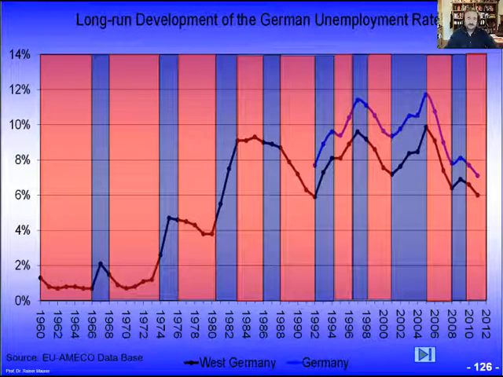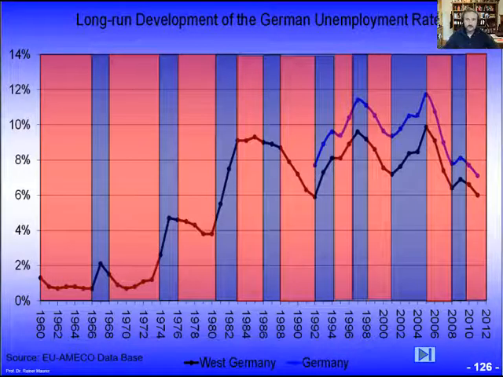Additionally, the level of unemployment is presented by this black line here for West Germany and by the blue line for West and East Germany together. The unemployment rate is defined as the percentage ratio of the number of registered unemployed persons over the civilian labor force of a country.